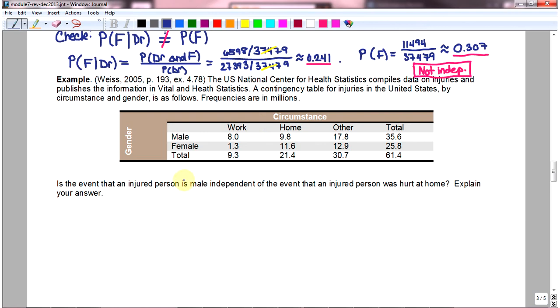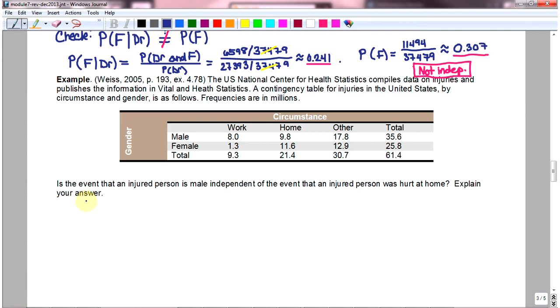Okay, so people injured at work we have males and females who were injured, and let's see if they were injured at work, at home, or other. Is the event that an injured person is male independent of the event that an injured person was hurt at home? Explain your answer.